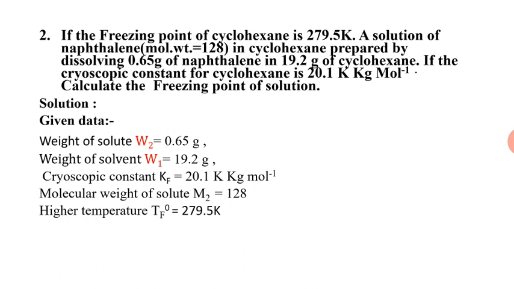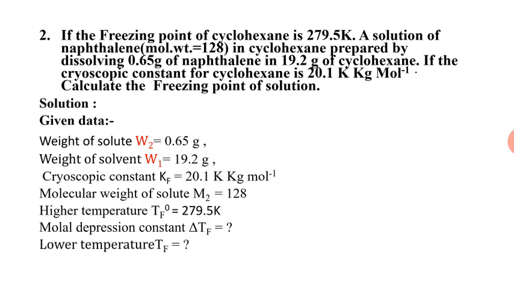The higher temperature, that is T0F, is 279.5 Kelvin. The depression in freezing point delta TF we have to calculate. Now the lower temperature, TF, we also have to calculate.